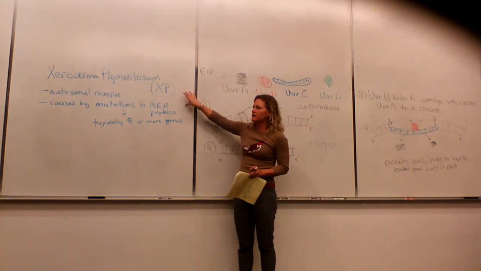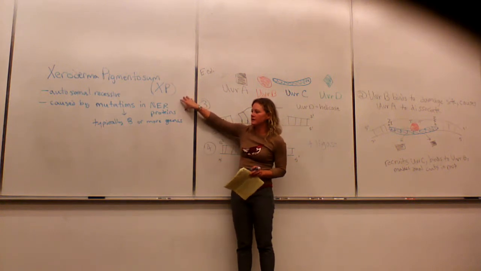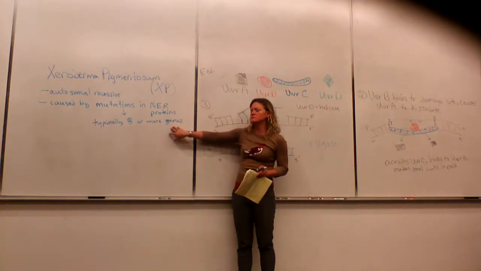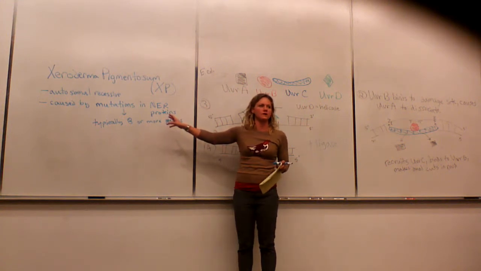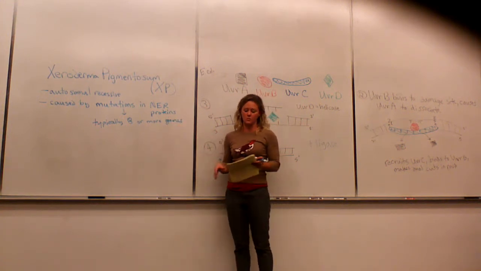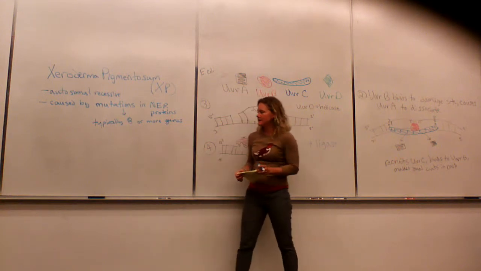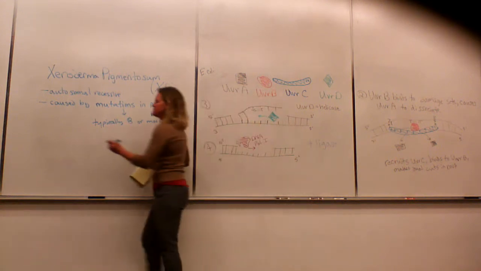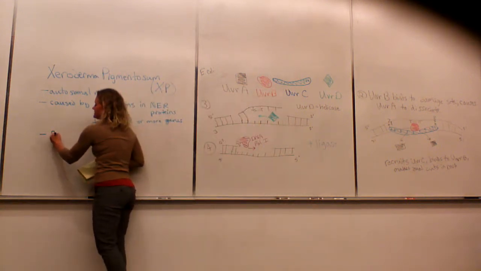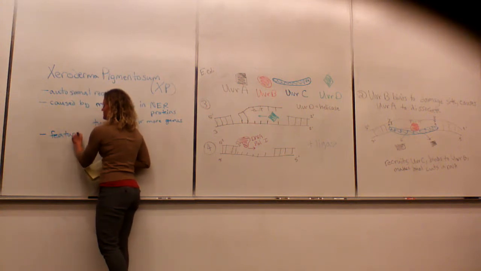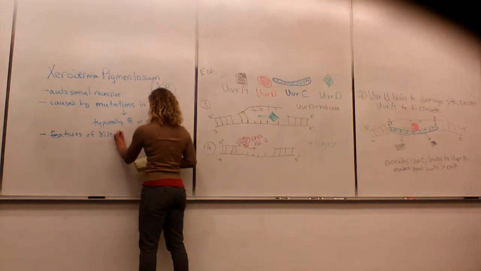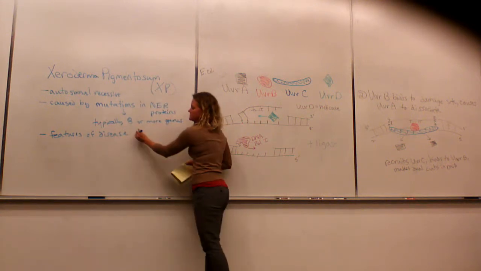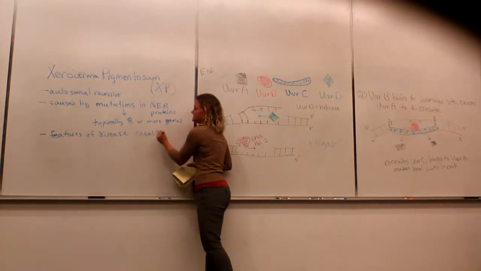This disease, xeroderma, is usually we see it when there's many mutations. I'm not just talking about one of the proteins that's involved in nucleotide excision, it's 8 or more. And so essentially the features of this disease, they're a result of a buildup of DNA damage, right?